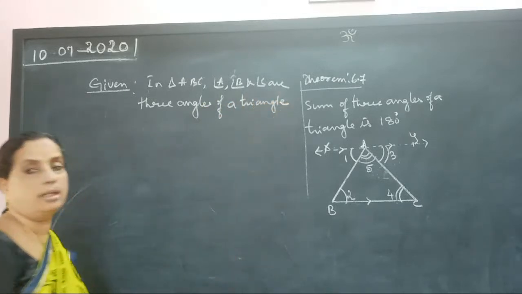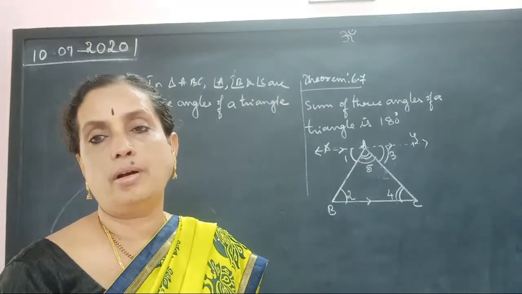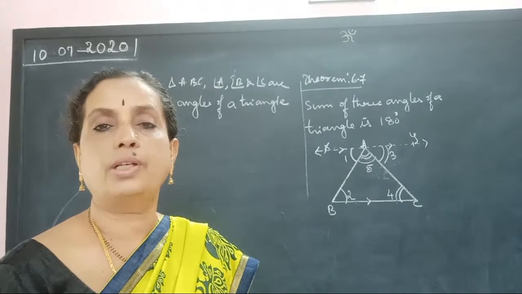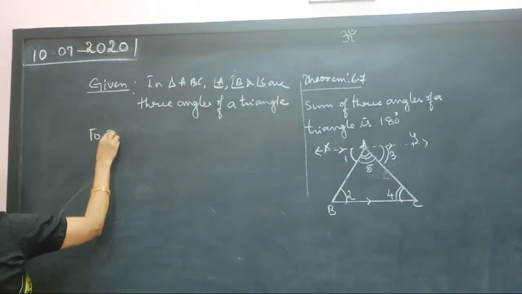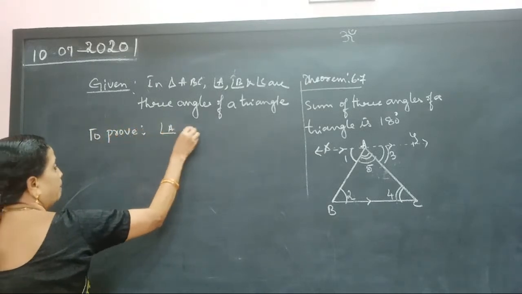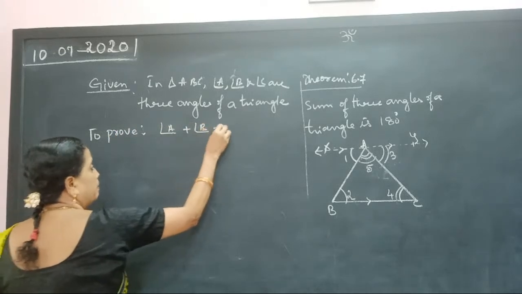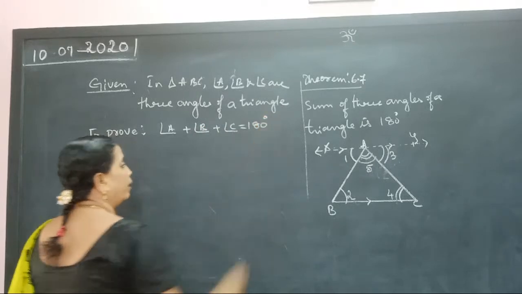To prove: angle A plus angle B plus angle C equals 180 degrees.